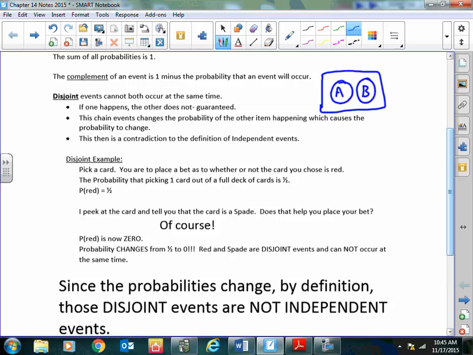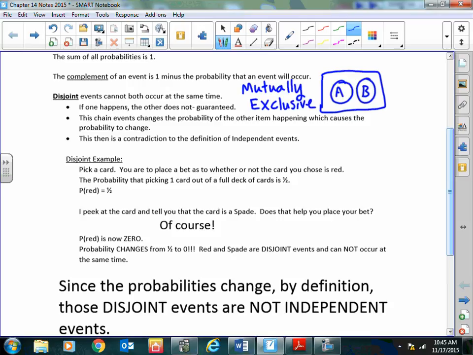No overlap. They are not joint. Another vocabulary word that gets used to mean the same thing is mutually exclusive.